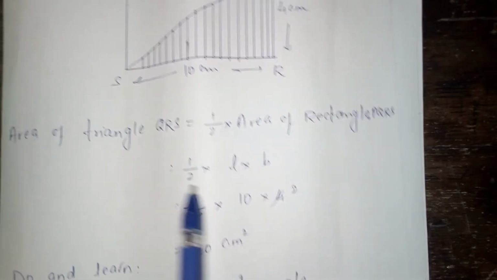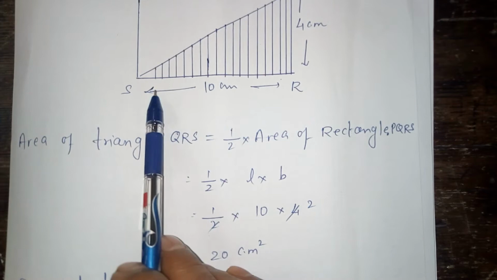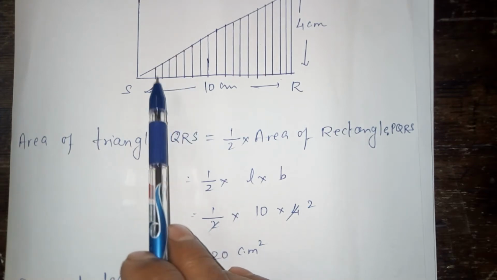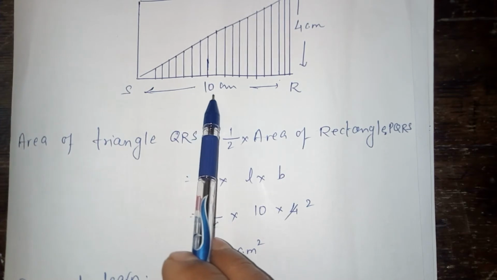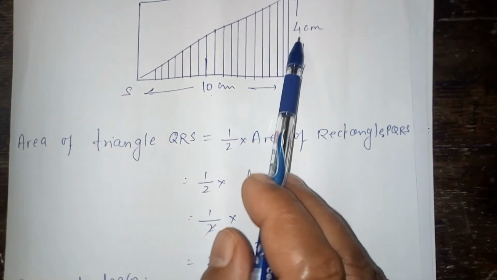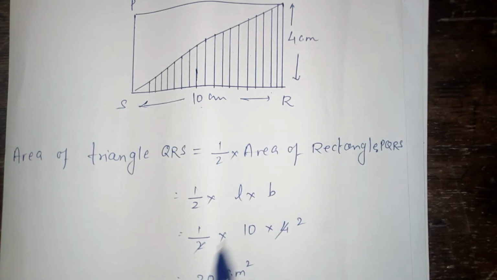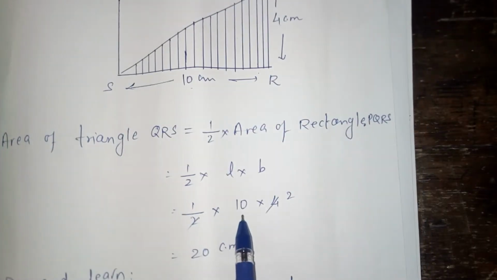For example, in this rectangle, length is 10 centimeter and breadth is 4 centimeter. So half into 10 into 4.